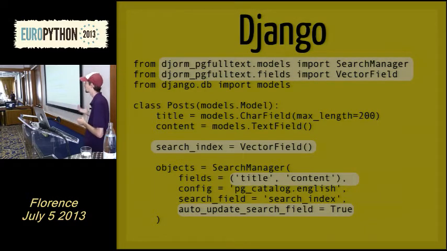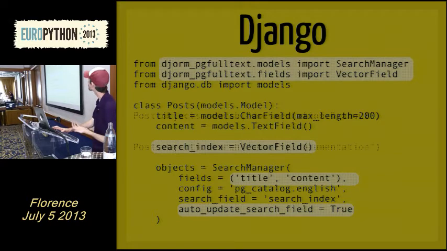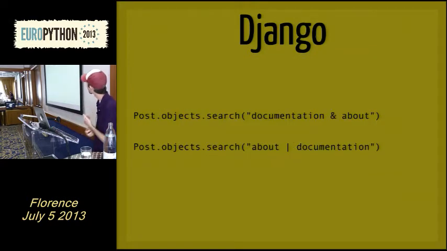Basically, you're doing a lot of setup and configuring right there. Of course, this is kind of a one-time thing on your model, and then in your application where you're really using it, it's fairly straightforward. In this case, you can search on where it's an object contains something like documentation and about, or documentation or about, so either or, just like you'd expect. And this is going to take advantage of the Postgres full text search engine underneath the covers, just like you'd expect, so you don't have to think too much about it.